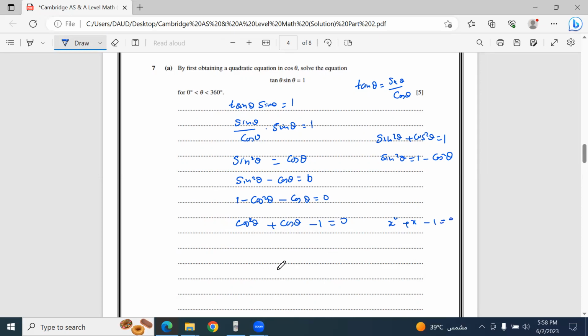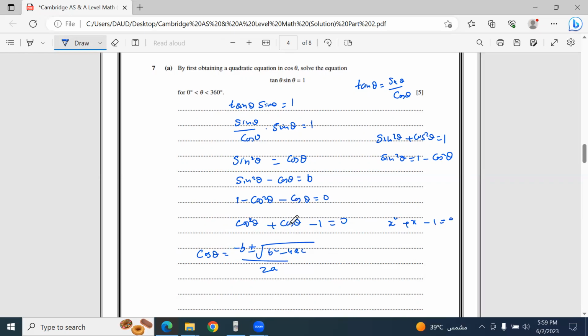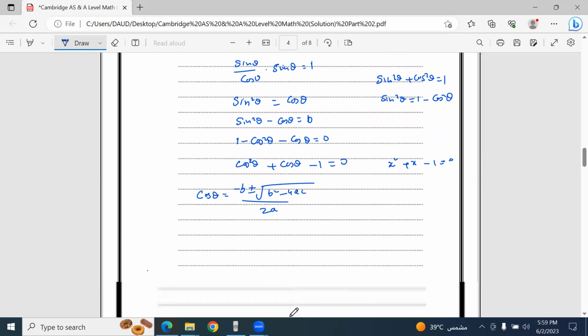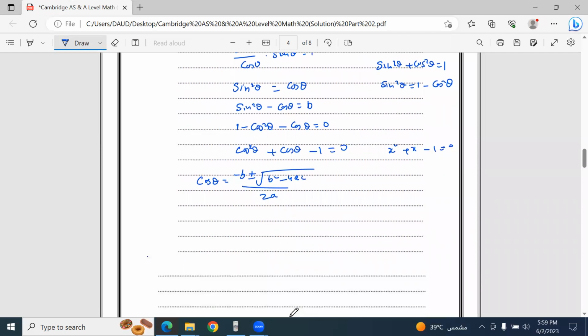So by applying the quadratic formula, cos theta is equal to minus b plus or minus square root of b square minus 4ac over 2a. Here, a is 1, b is 1, and c is minus 1.